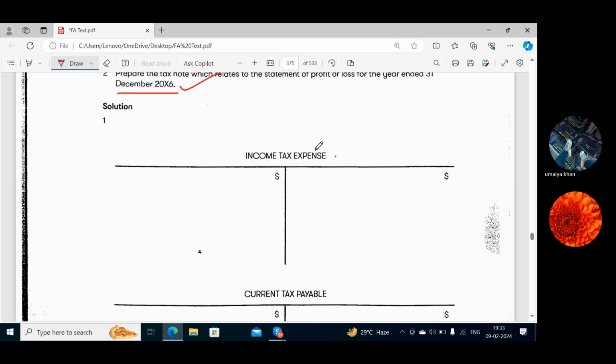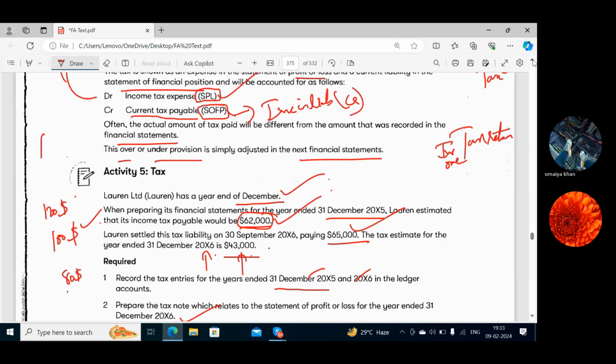So first we will take the opening balance. Okay. What is the opening balance of this? What is the entry for this particular amount? The income tax expense to income tax payable, right? Tax payable.